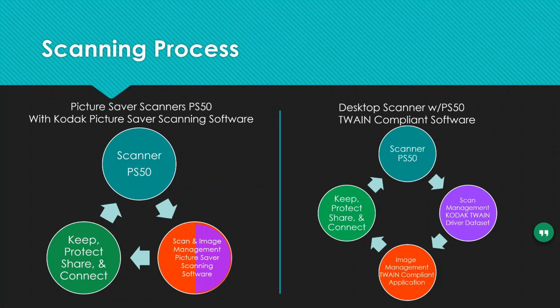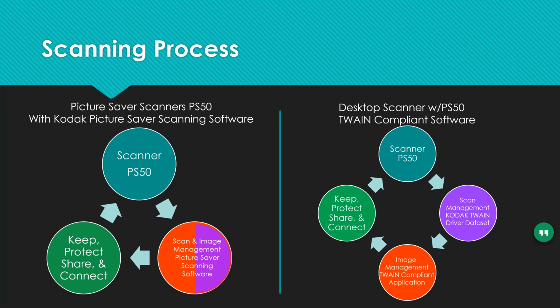The Kodak Picture Saver scanners offer the ability to scan using the Kodak Picture Saver scanning software. The desktop version utilizes the same hardware developed by Kodak Alaris in its PS50 model, only it takes advantage of its ability to scan using Twain compliant software.